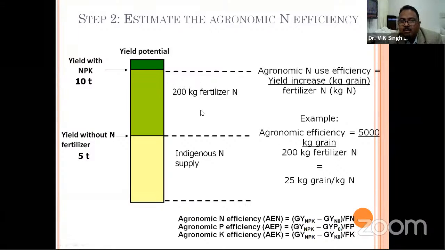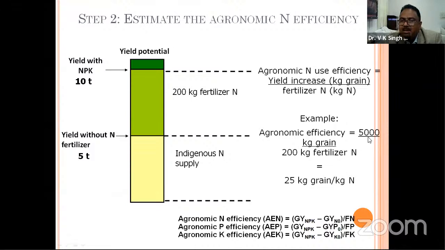We have applied 200 kg of nitrogen. This is just an example. So we can work out the agronomic efficiency, how much yield increase per kg of nutrient applied. For example, here we have taken 10 ton with NPK applied and without N 5 ton. So the actual yield gain is 5 ton.